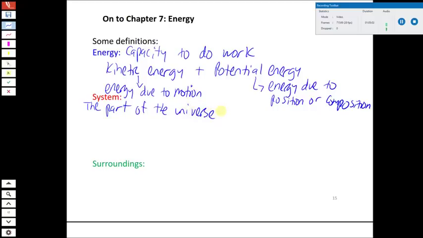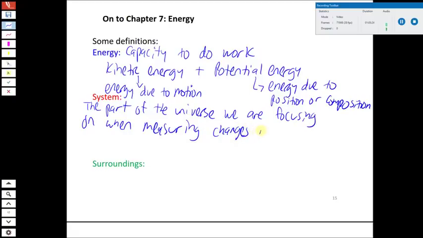So it's the part of the universe that we are focusing on when measuring changes in energy. Because in most cases, we don't measure how much energy something has. We measure energy that is transferred, energy that changes throughout some process.